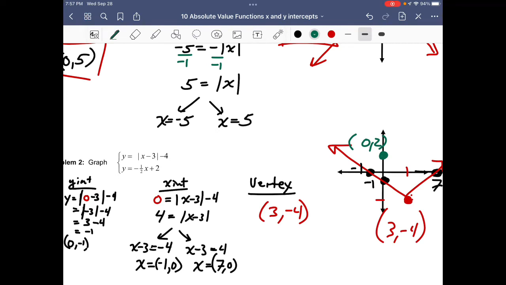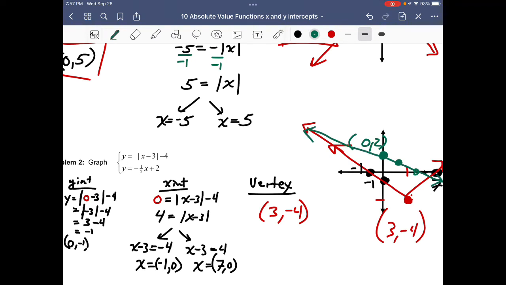If I go down 1 over 2, I'm going to end up basically with a shape that looks like this. Why does that keep erasing? So we get our sloped line.